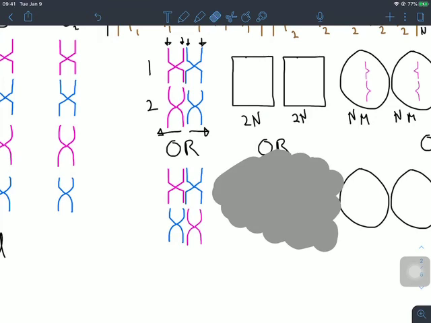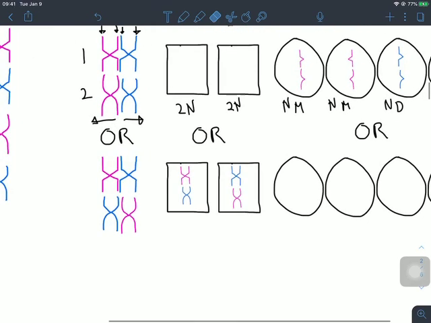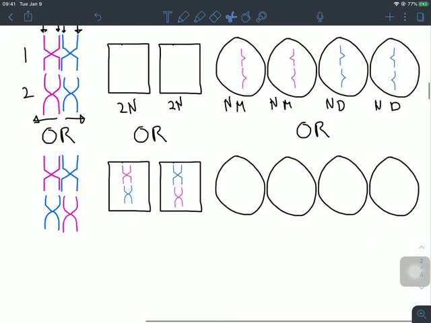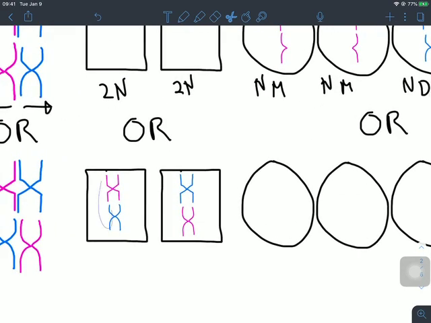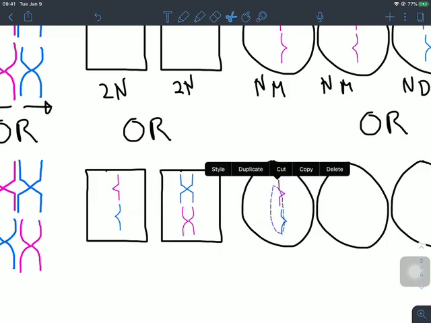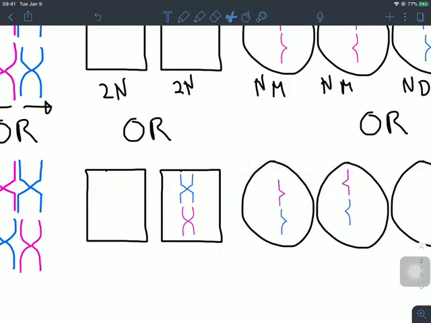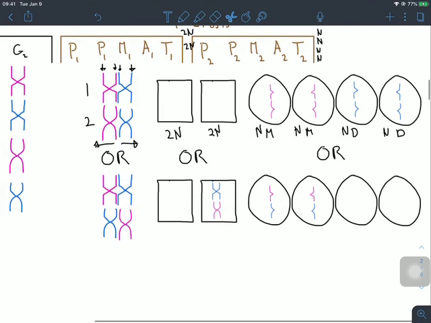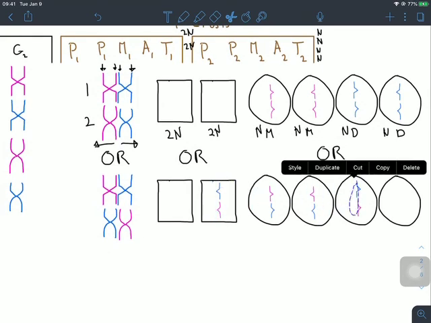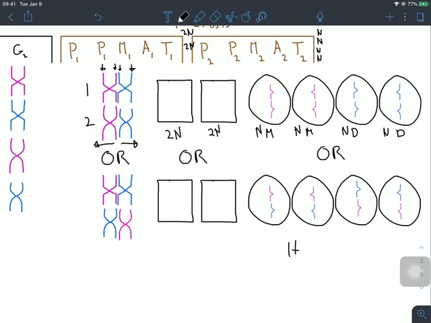This would result in cells that are a mixture of all of mom's 1 and dad's 2, or dad's 1 and mom's 2. And again, these cells, when going through the second phase of meiosis, the second round of PMET, would shuffle in such a way so that each cell is again haploid.